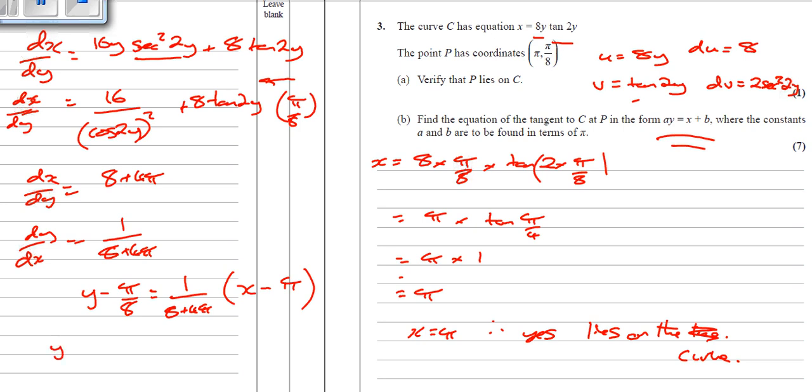So we've got y minus pi over 8 equals x over 8 plus 4 pi minus pi over 8 plus 4 pi, and then you're going to add on the pi over 8.